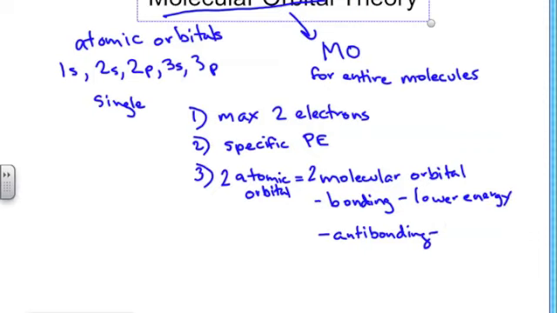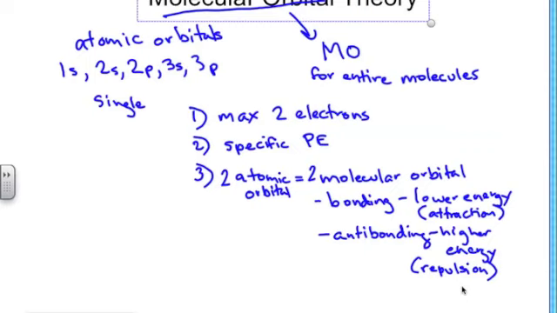Anti-bonding orbitals are higher energy because, whereas bonding orbitals form attractions and lower potential energy, anti-bonding orbitals form because there's a lot of electron repulsion going on.